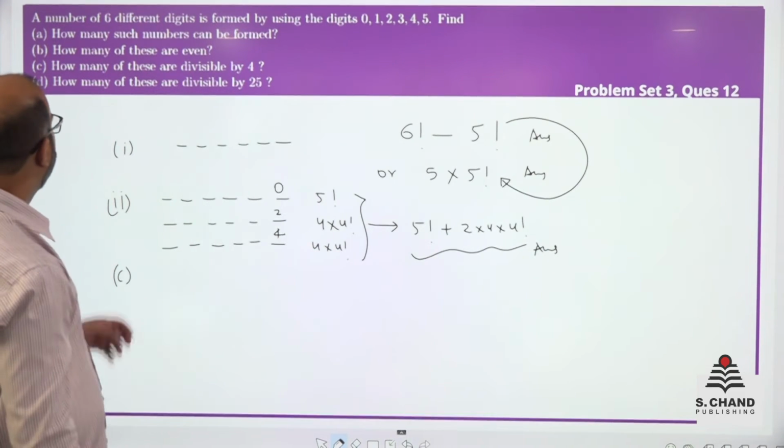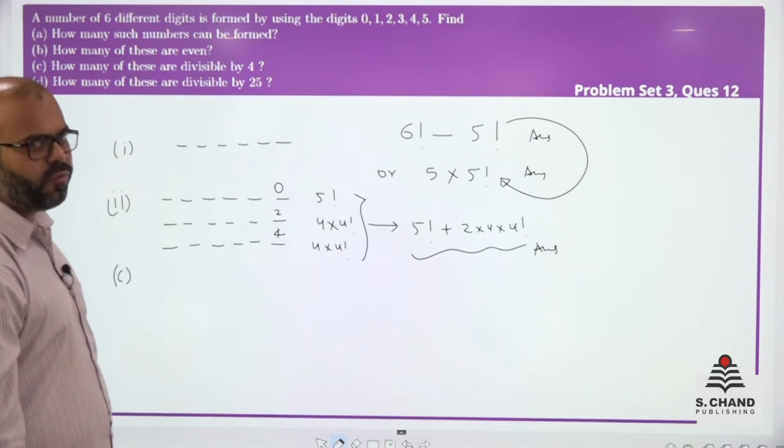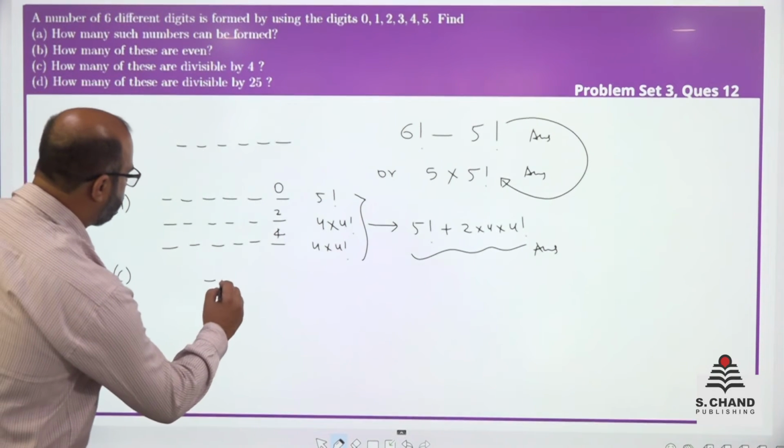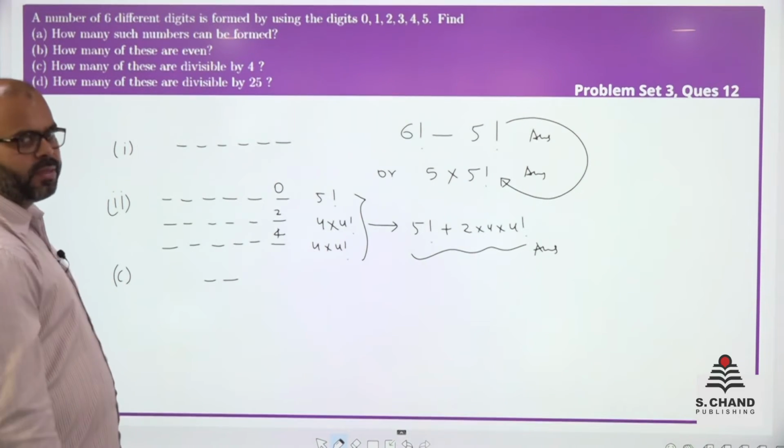Part C: how many of these are divisible by 4? If you want them to be divisible by 4, the last two digits must be divisible by 4.